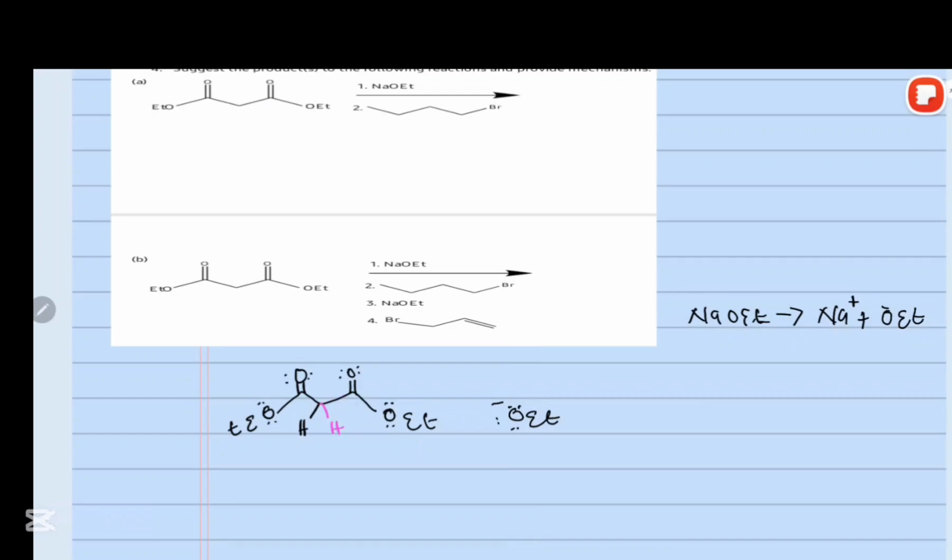These hydrogens are acidic, so the base is going to come and grab one of those hydrogens to form an ion.